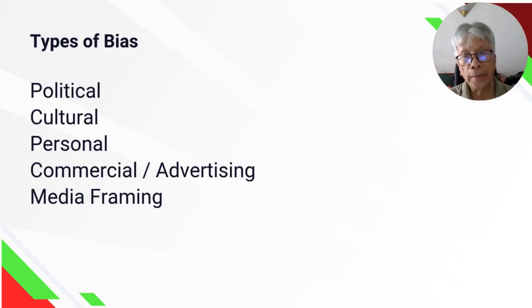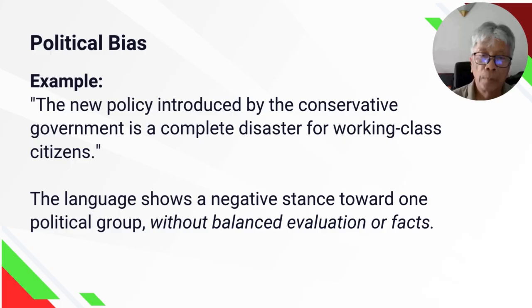Okay, let's look at the types of bias. Political, cultural, personal, commercial or advertising, and also media framing, which I mentioned earlier. Now let's go through them one by one very quickly. For example, political bias: "The new policy introduced by the conservative government is a complete disaster for working class citizens."